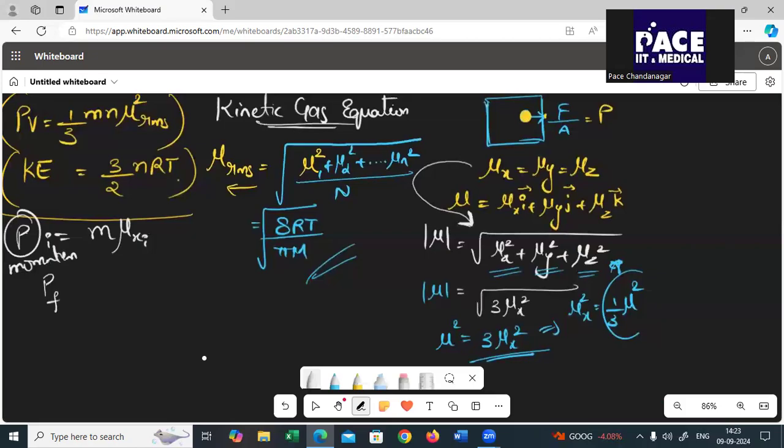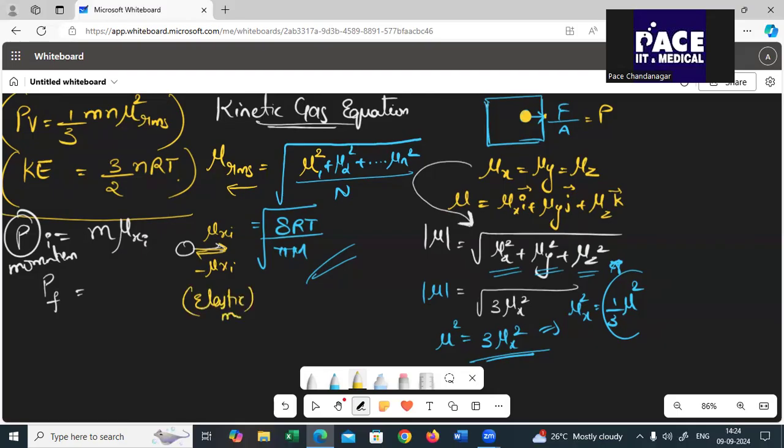Let me say P final. Final momentum will be in the opposite direction, because the particle hits and then comes back. It hits with uxi forward, and it comes back with negative uxi.